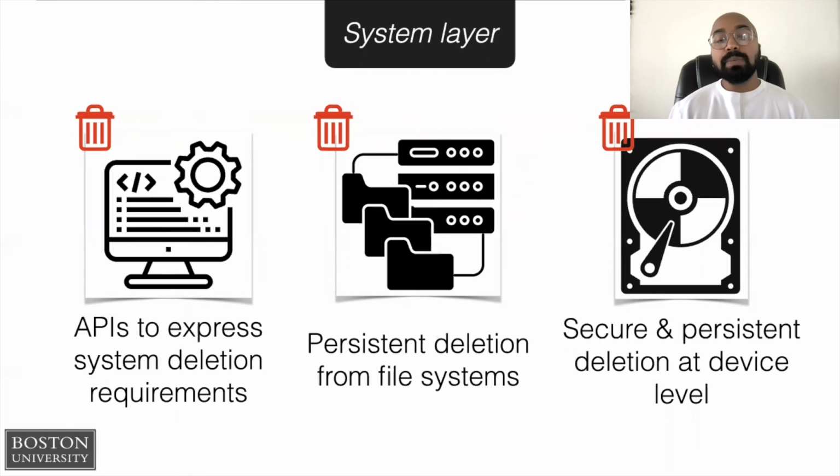Further, implementing persistent deletion policies at the file system level remains an open challenge. Finally, even if we can guarantee persistent data deletion, the physically deleted data can be retrieved from some devices, necessitating a deeper look at secure deletion from the device level.